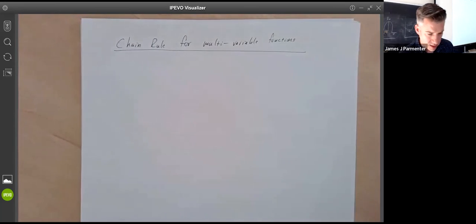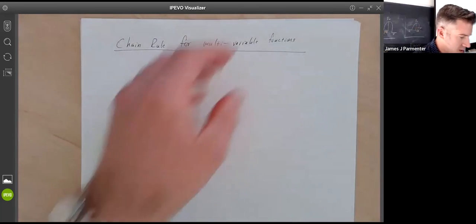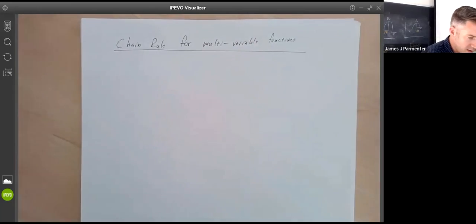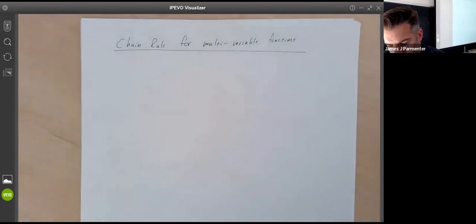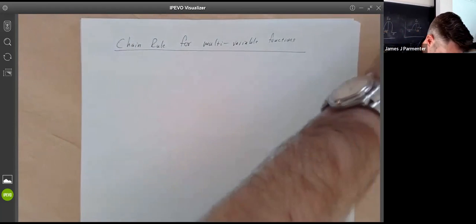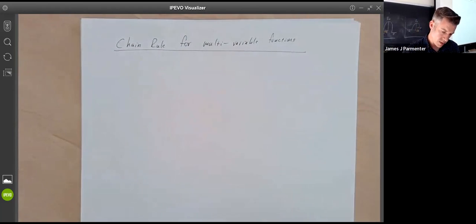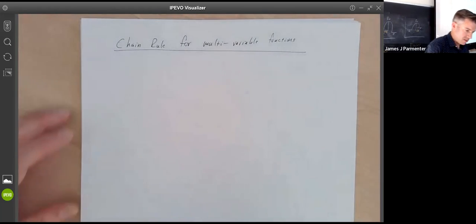So let's look at a kind of real-ish example. Let's look at the following chemistry-related example.